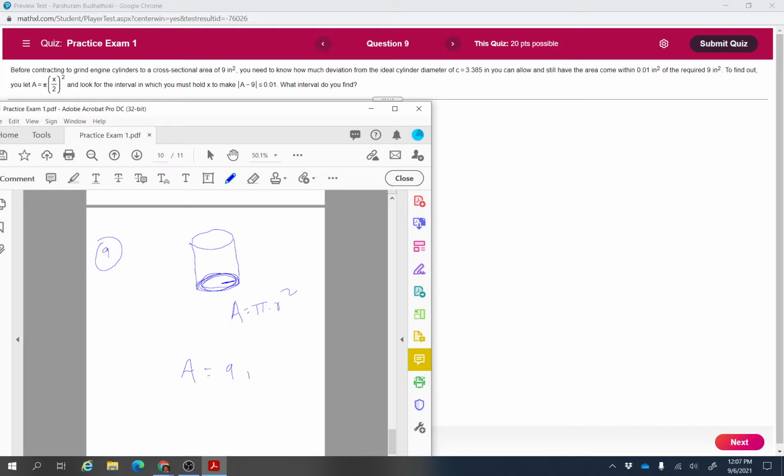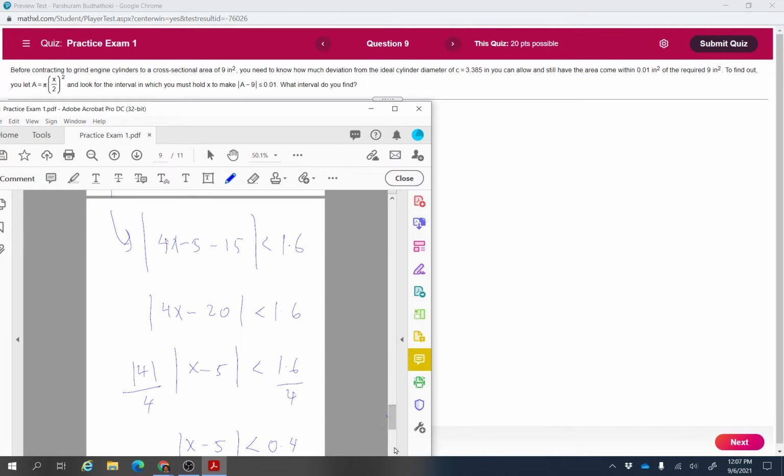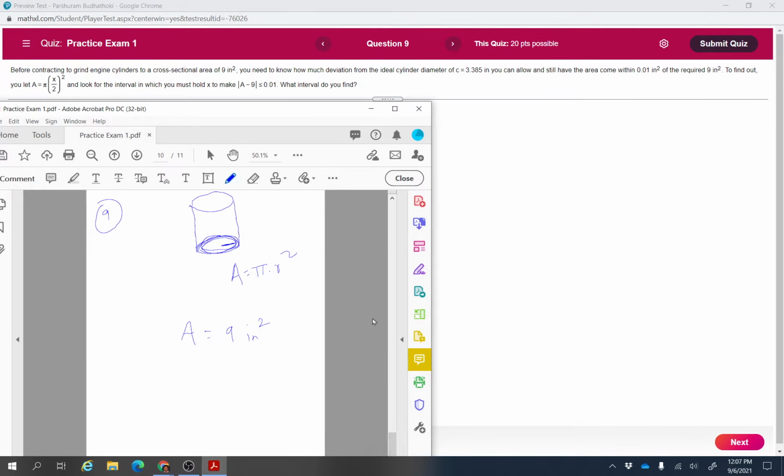The area should be 9 inches square, but you can have slightly less or slightly more. Slightly means, in this case, 0.01. So the area could be from 0.01 less than 9 to 0.01 more than 9, so the area could be 8.99 to 9.01.